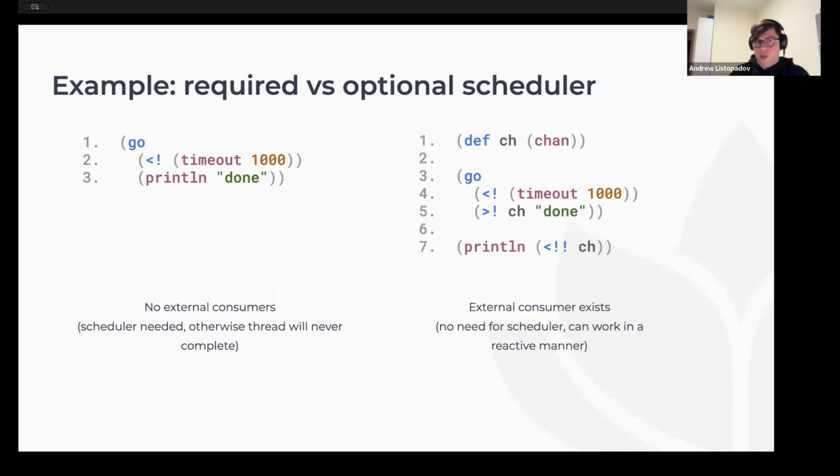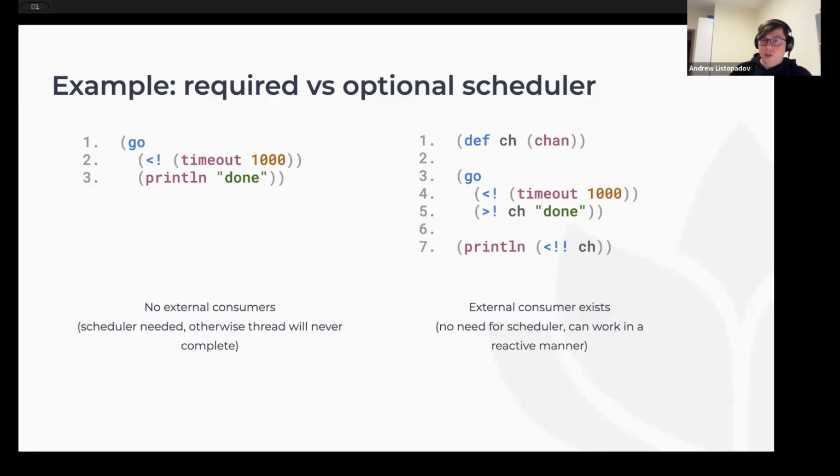It will store itself as a callback into the timeout channel's queue. And since we don't have any kind of scheduler, this code will never continue, because timeout is just an object that stores the system time at which it needs to be closed. So we need a scheduler to monitor this kind of timeout channel and execute its callbacks.